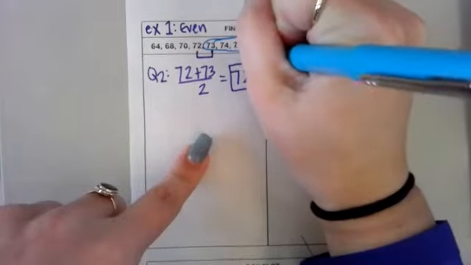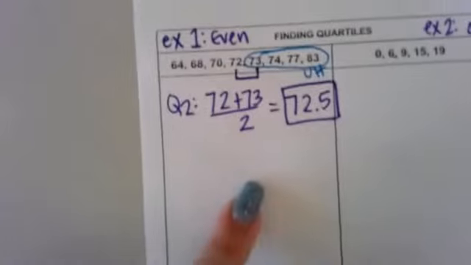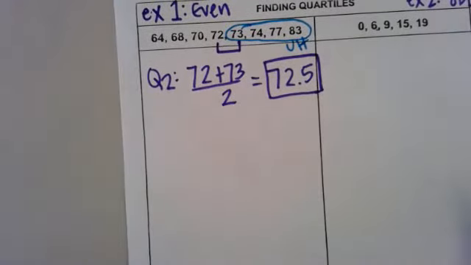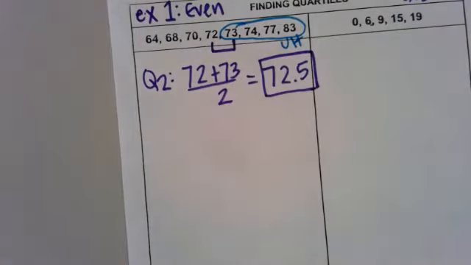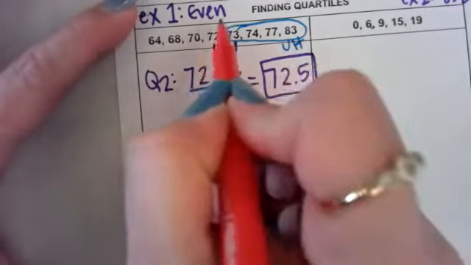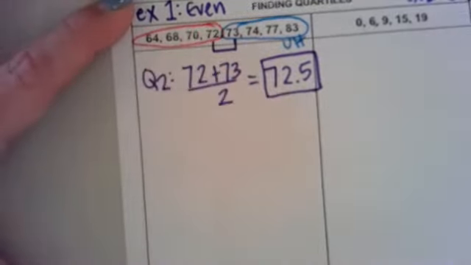I'm going to put UH right beneath it, upper half. Let me zoom in so you can see it a little better. Okay, that is our upper half, which means, I'll change colors, that everything below 72.5 is what's considered our lower half. So from 72 and below, that is our lower half.